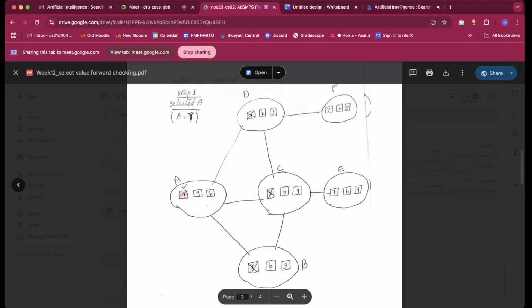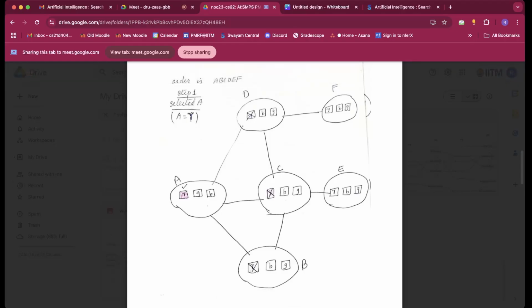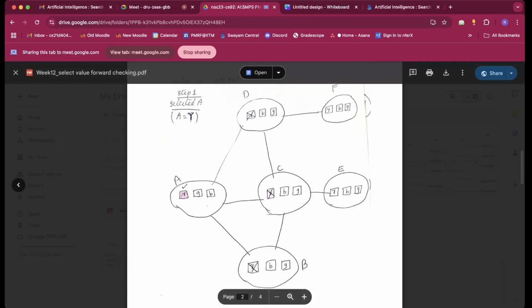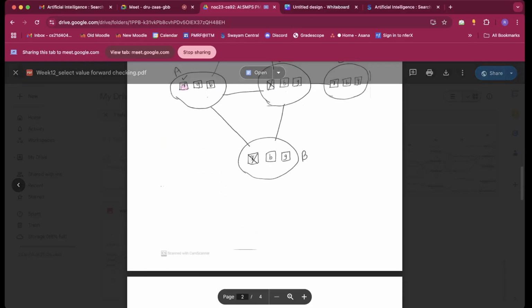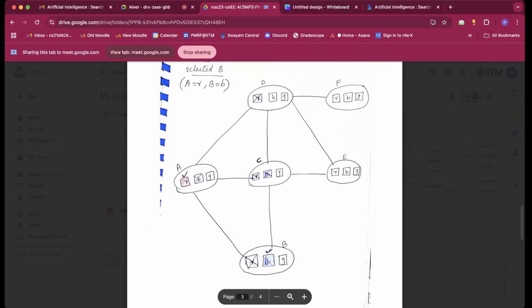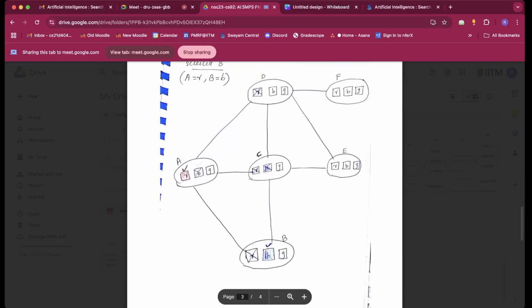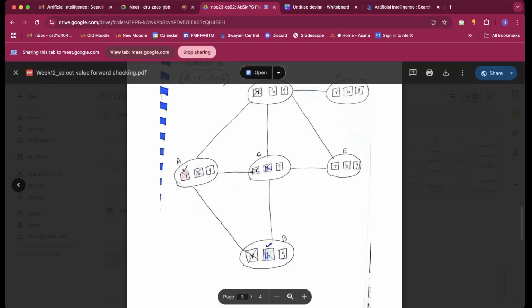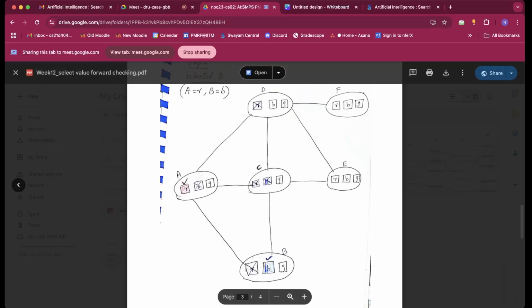So first red was assigned to A, and because red was assigned to A, red was crossed out from D, C and B, right? In the next step, we follow a similar procedure, right? B is assigned blue, so we cross out blue from A as well as C, right?